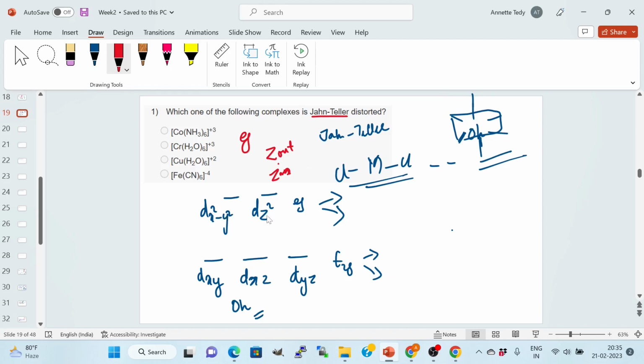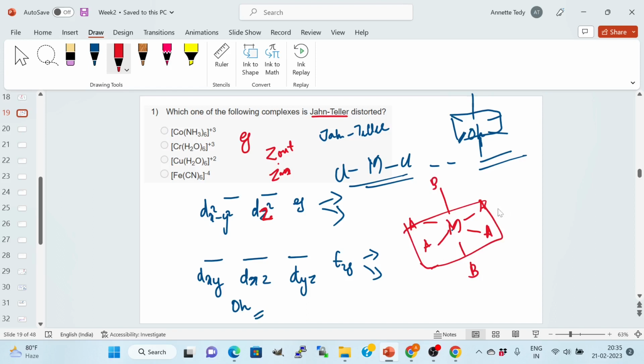Z out means whatever orbitals having this Z component will be now feeling lesser repulsion. I'll just show like this. I have metal, then all these A's are in plane.